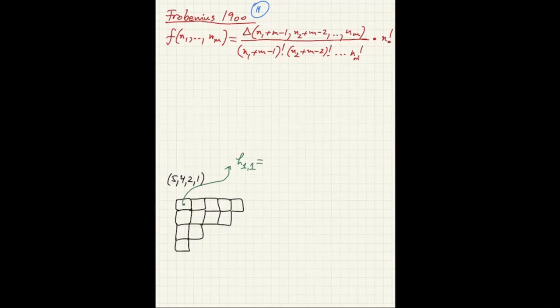And what is that? That would be 8 in this case, because you have 5 going to the right and then 3 below. And then here we have h1,2. That would be 6. Here you have h1,3, and that is 4.